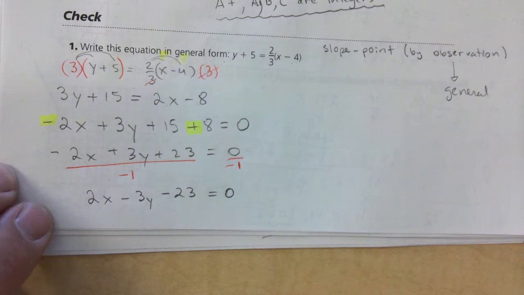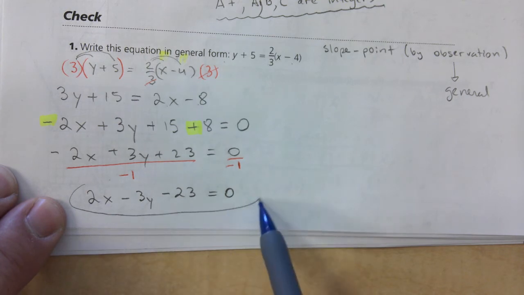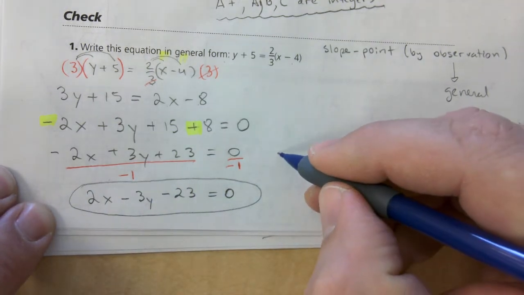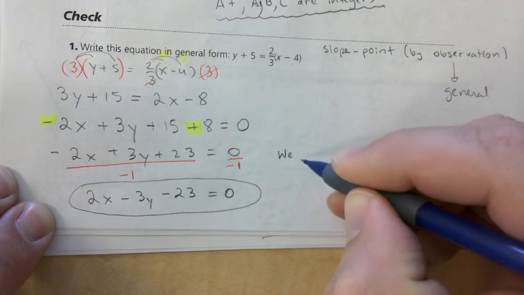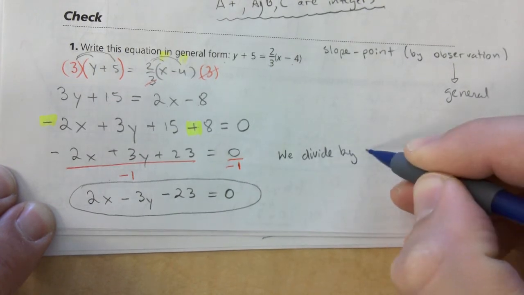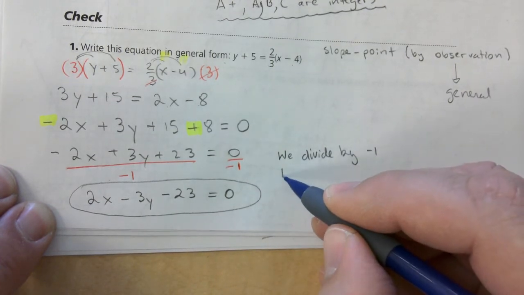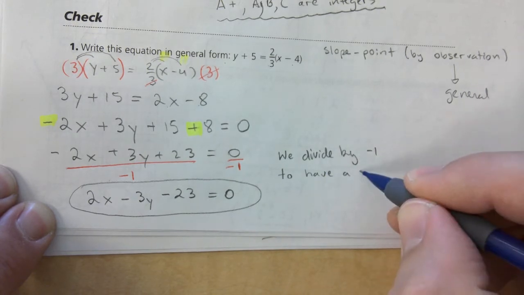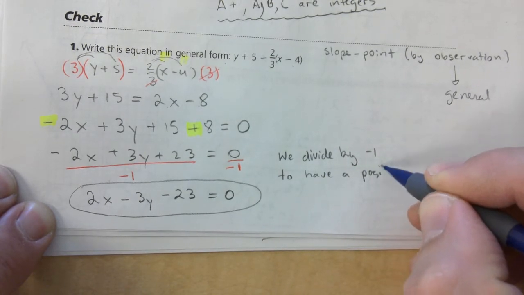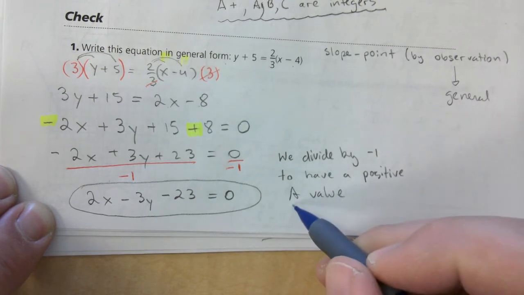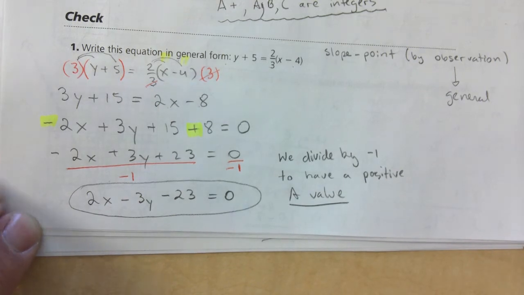Okay. And that's what you want. I will make a note. We divide by negative 1 to have a positive a value. That's why we're doing that.